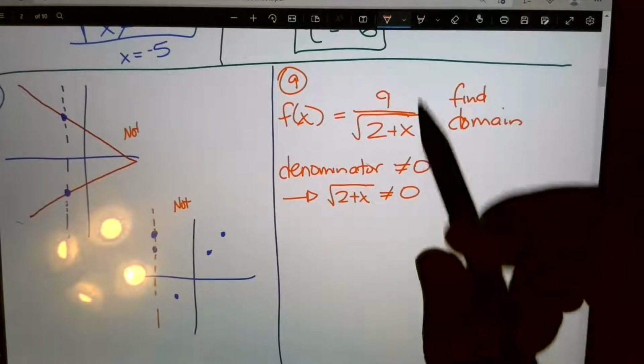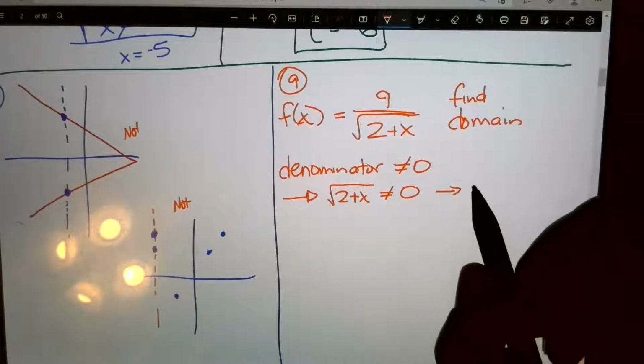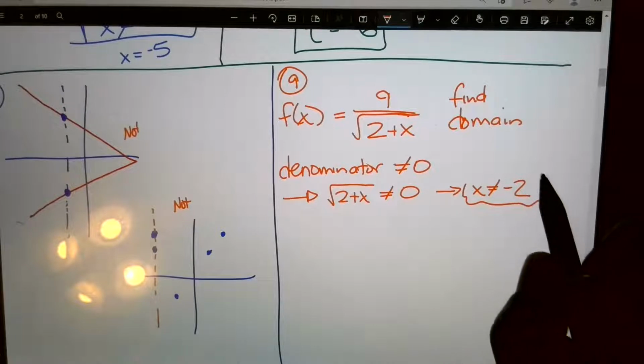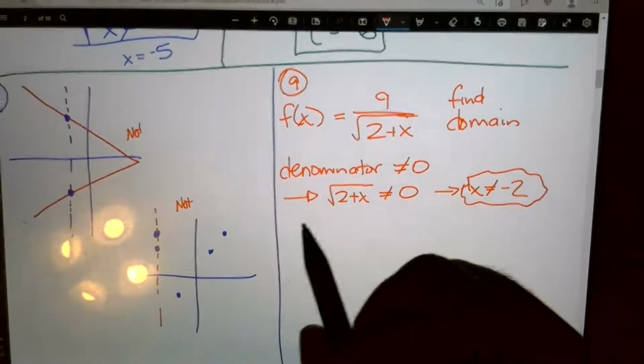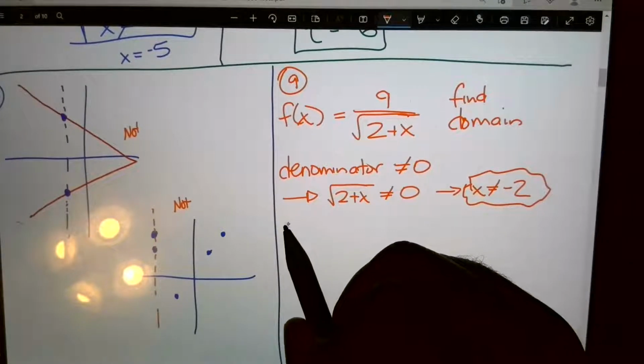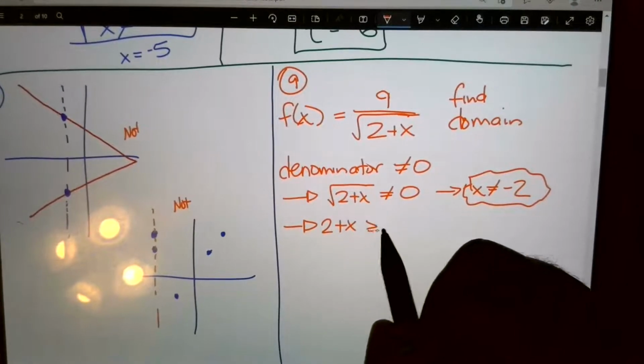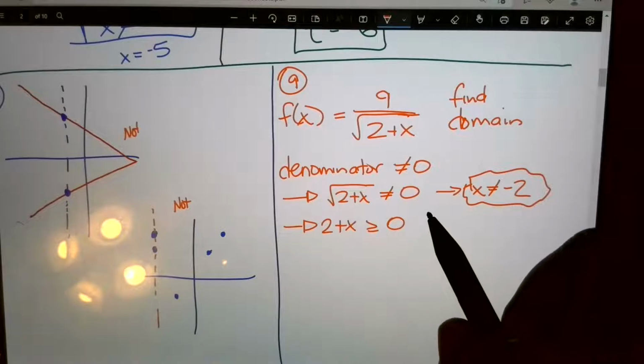So that means that x is not equal to negative 2. We'll put a little cloud around that. But we also know that 2 plus x has to be greater than or equal to 0 because of the square root.